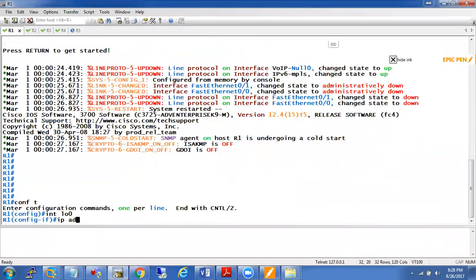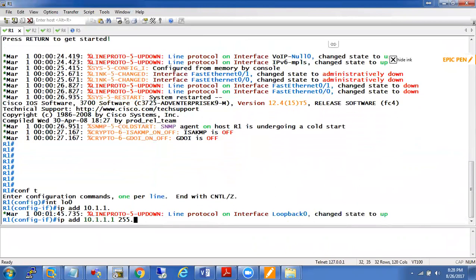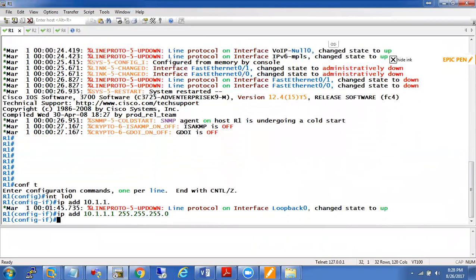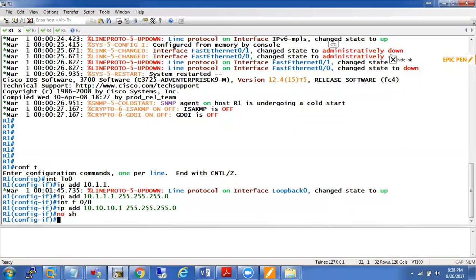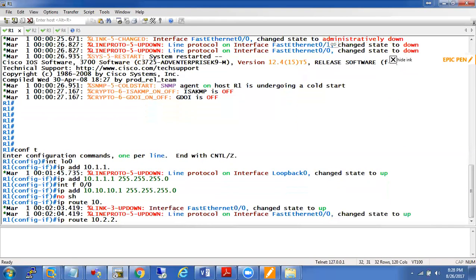Loopback 0, we said was 10.1.1.1. F0/0, 10.10.10.1. IP route 10.2.2.0 through 10.10.10.2.